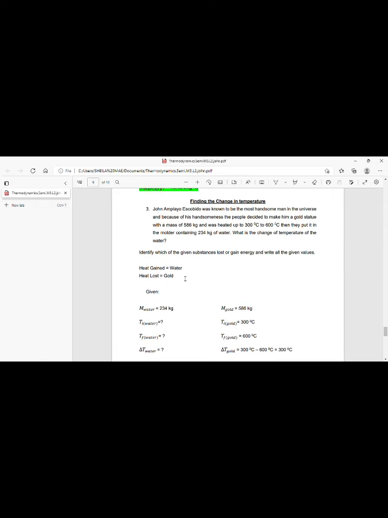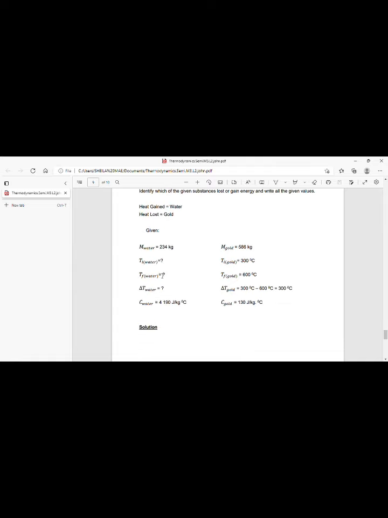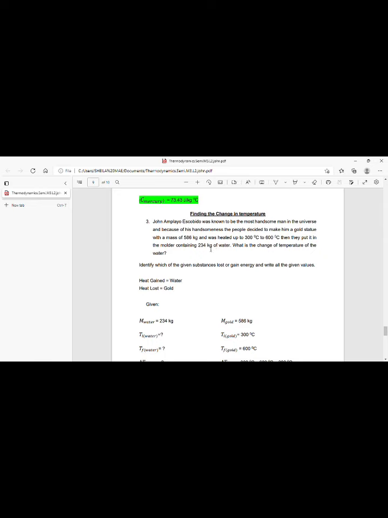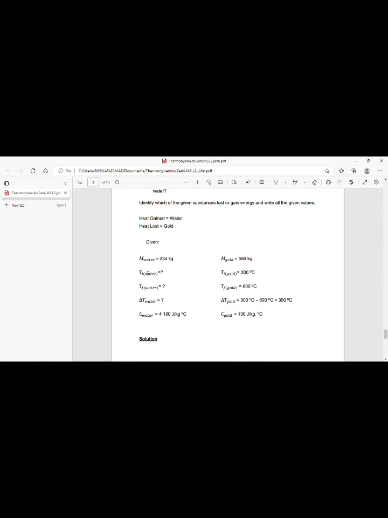Again, finding the given substances, which is the heat gain and the heat loss. Heat gain, water; heat loss, gold. Given mass of water is equal to 234 kilograms. You can see in our problem the initial and final temperature is missing.